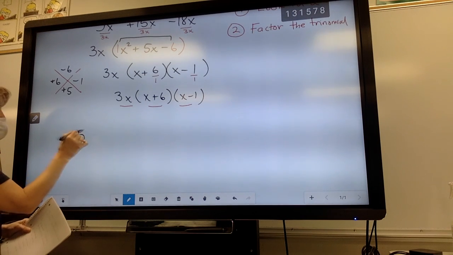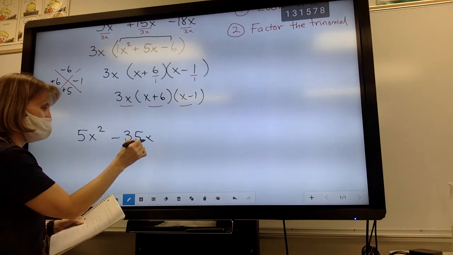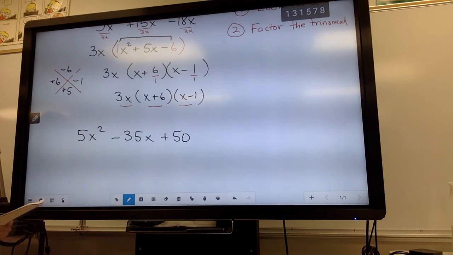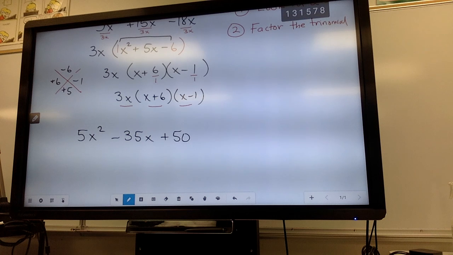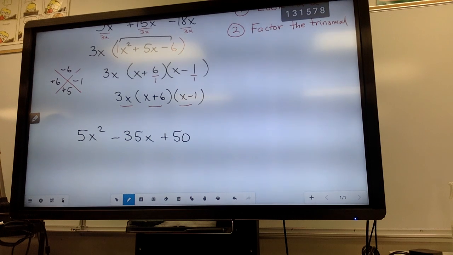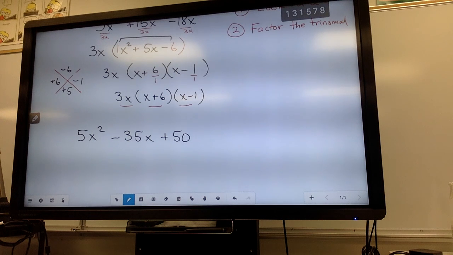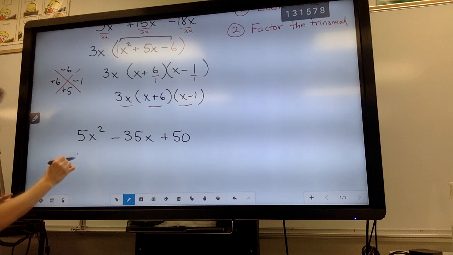You might want to look at 5x squared minus 35x plus 50. Is there a greatest common factor? 5. We're going to take 5 out.